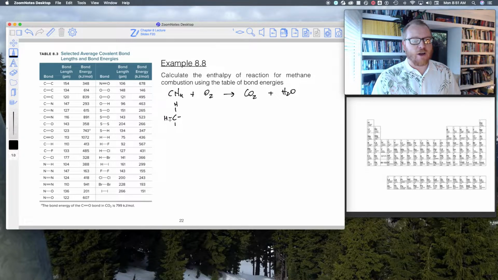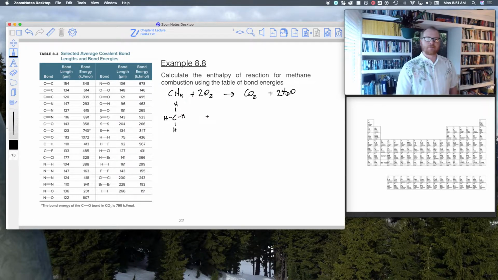But I didn't balance the reaction, did I? 1 carbon and 1 carbon. 4 hydrogens, so I have to put a 2 right here to make 4 hydrogens. Now I've got 4 oxygens, so I need a 2 right here to balance it. In a homework problem or another calculation, you would first get the balanced reaction, then get the Lewis structures.